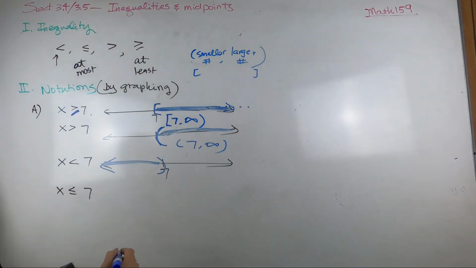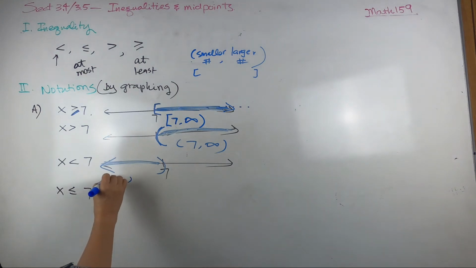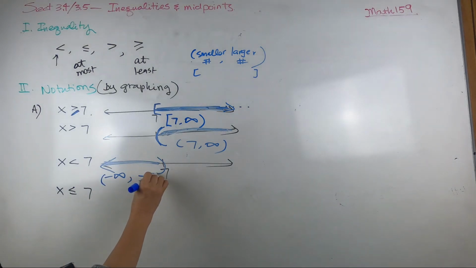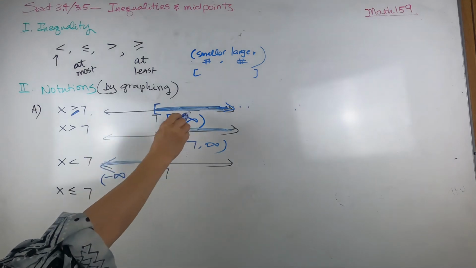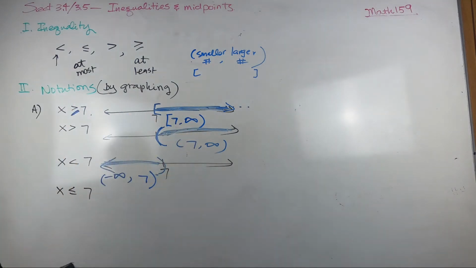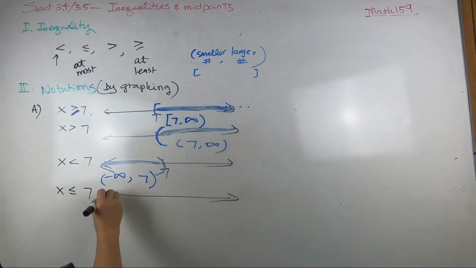You write the smaller number on the left-hand side, so it's negative infinity up to 7, not including 7. So those are your graphs to show the concept of the variable, along with the interval notation.